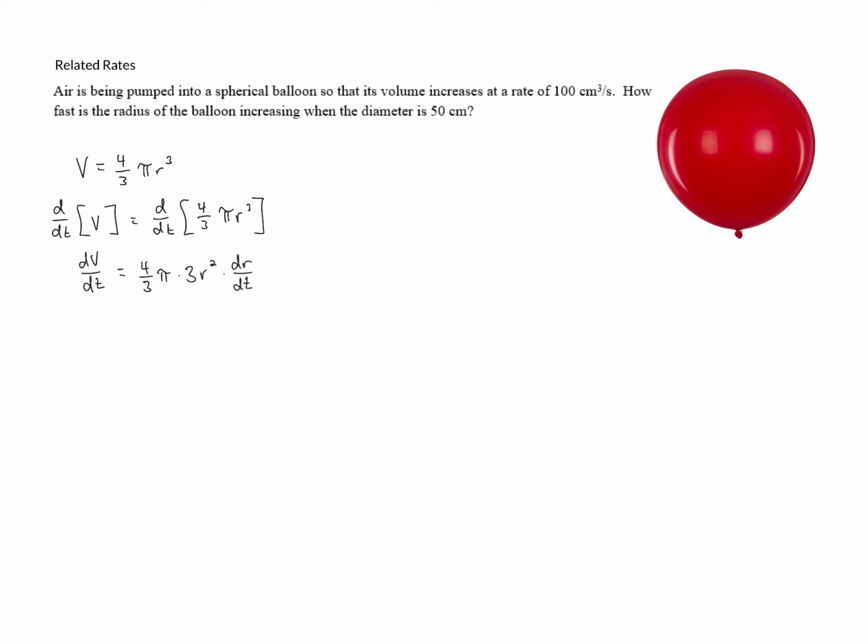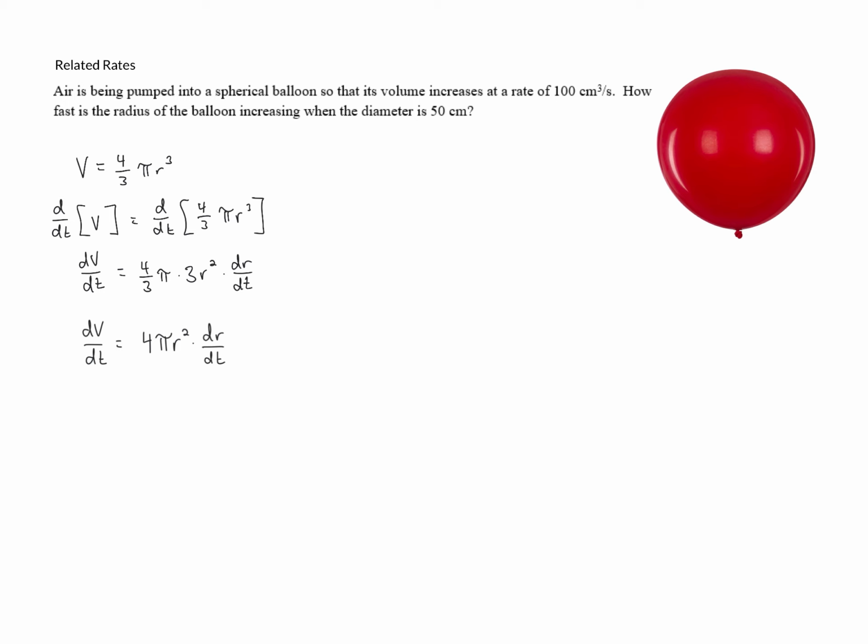The radius is a function of time. So when we differentiate r cubed, that's 3r squared, but times the derivative of the radius with respect to time. Now the 3's are going to cancel on the right-hand side, so we can simplify that a little bit. dV/dt equals 4 pi r squared times dr/dt.